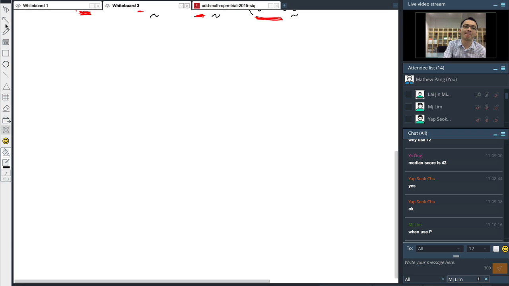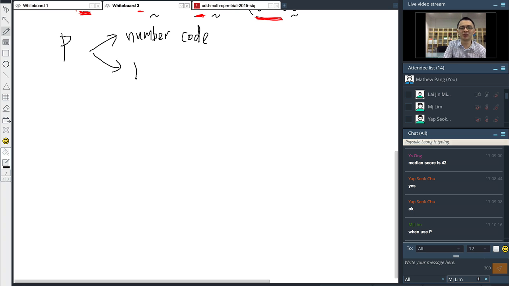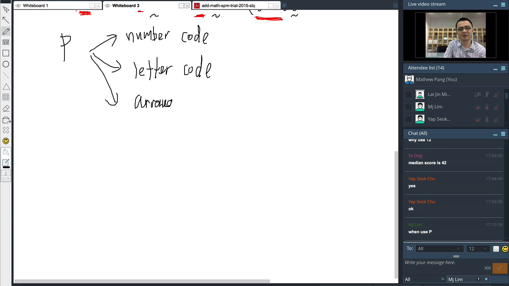Most of the time when you use P is for number code, or letter code, or you see something to do with arrangement, then you will use P. It means the arrangement itself plays a very important role in that case, then you need to use P.